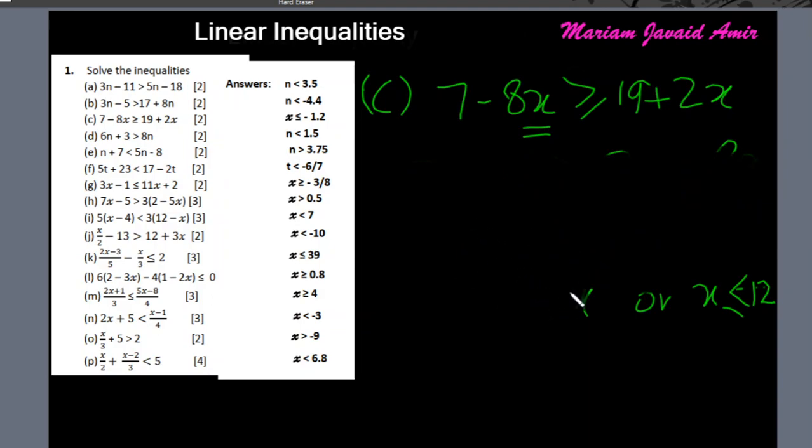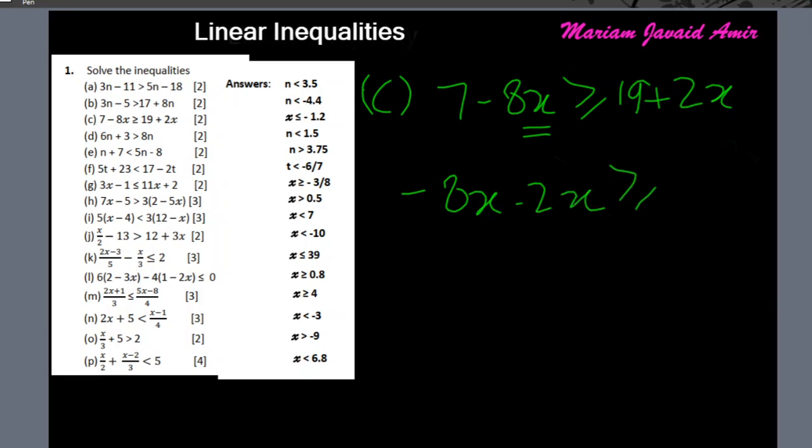So that we don't have to take care of a step that students usually forget if they make the coefficient of x negative. Let's say I keep 8x here, minus 8x here, and bring minus 2x here as well, and here I get 19 minus 7, which gives me 12, and here I get minus 10x.